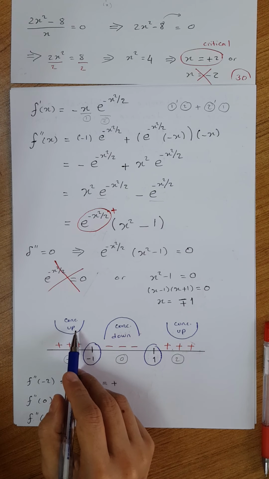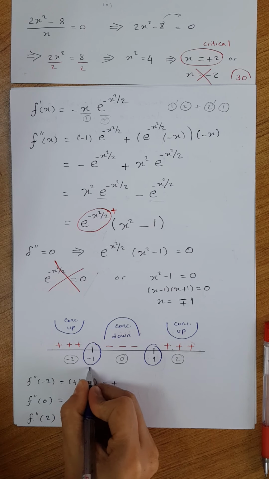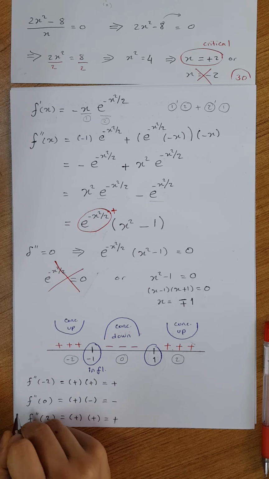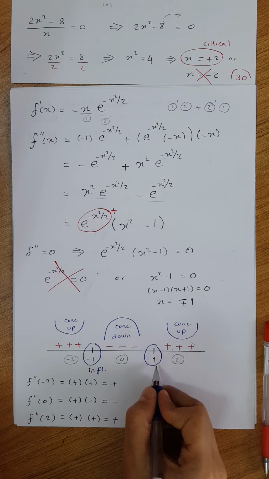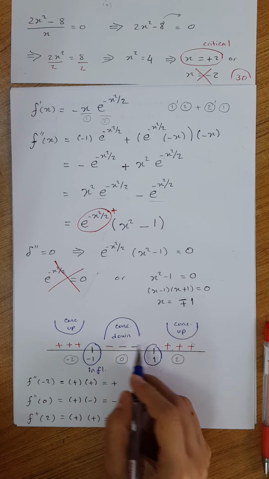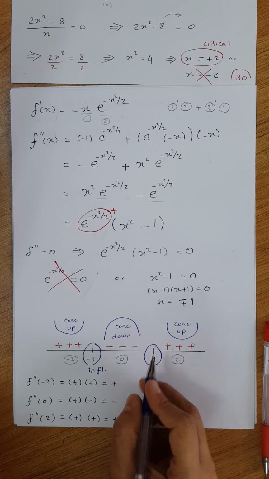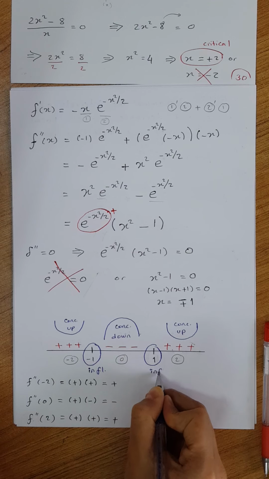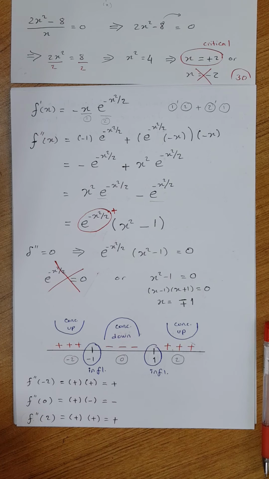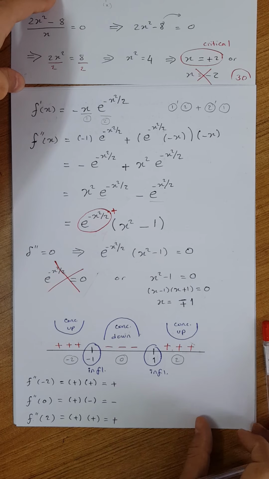Since concavity changed from up to down, we are saying that this is an inflection point. Again, I'm looking at 1. Since concavity changed from left to right, the sign changed, so that one is also an inflection point. So both of the points that we had became inflection points. That's all about that example.